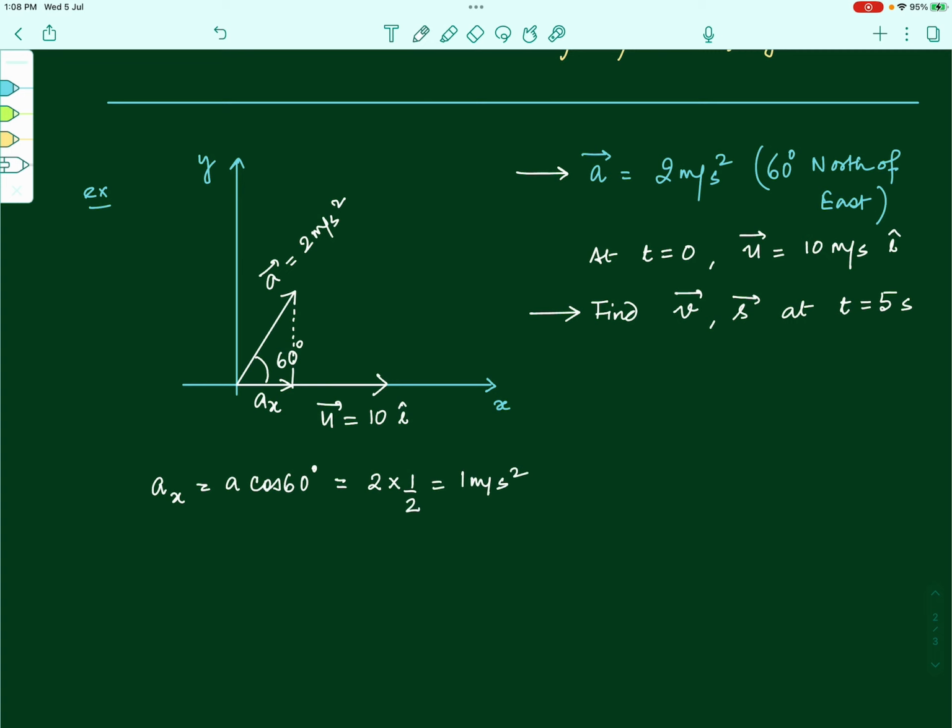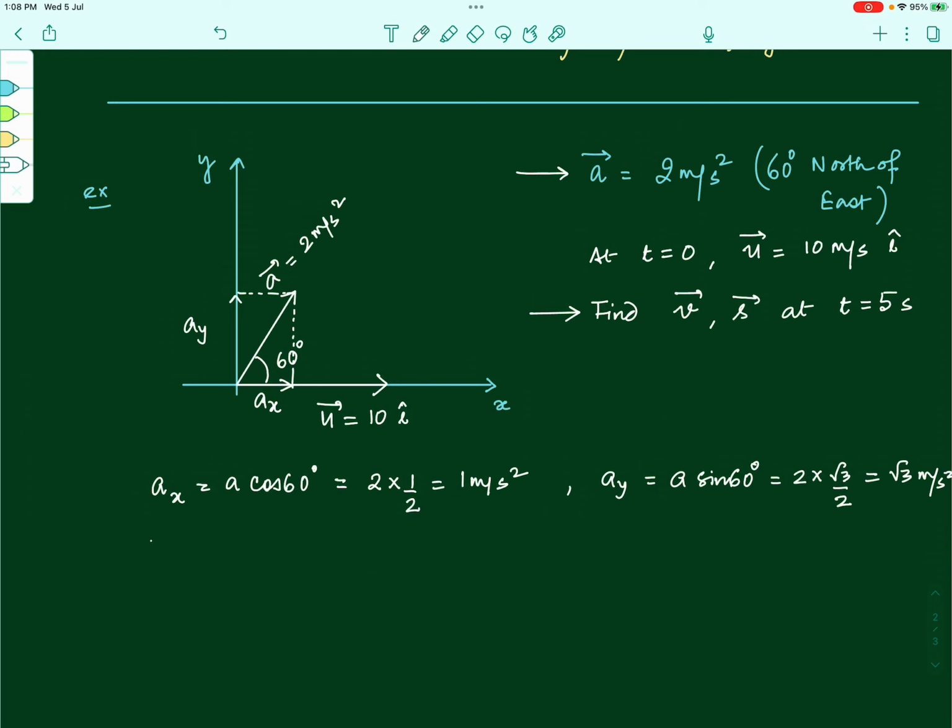This is the value of Ax. What is Ay? Ay, from the same understanding of component of vectors, will be this vector over here, and magnitude wise it will be a sin 60, which in this case will be 2 into sin 60, which is root 3 by 2. So this becomes root 3 meters per second squared. So we get the accelerations along the x and the y direction.